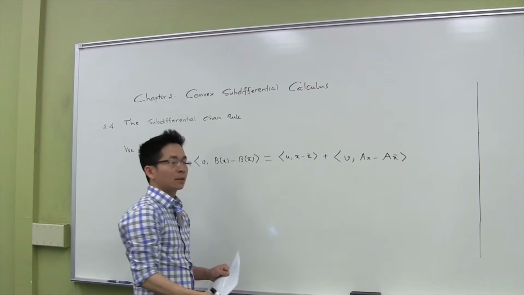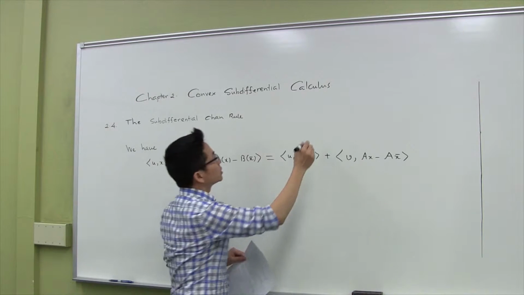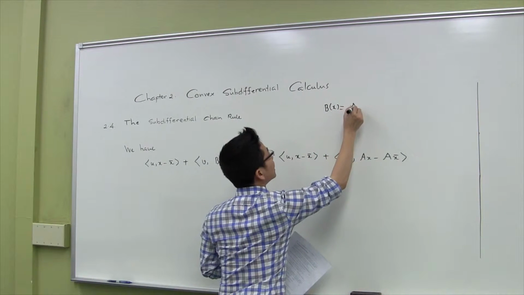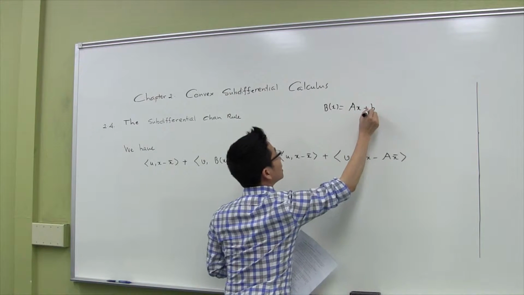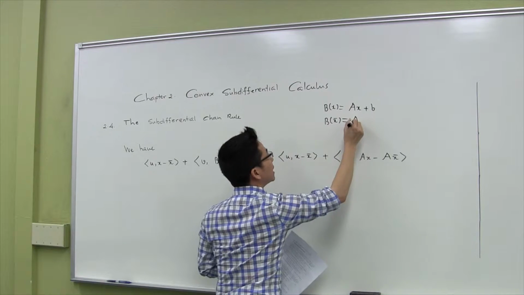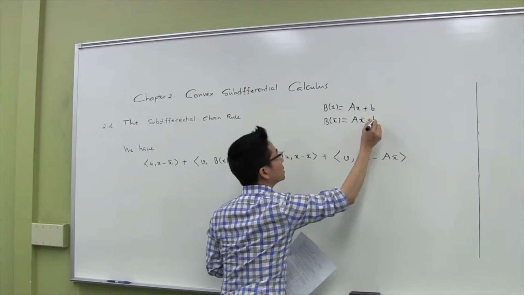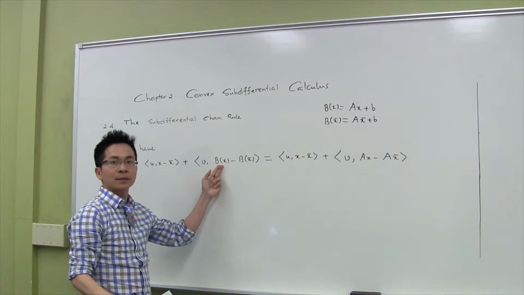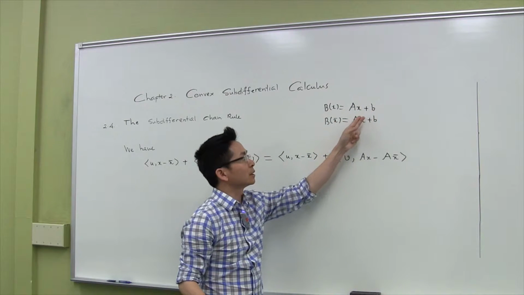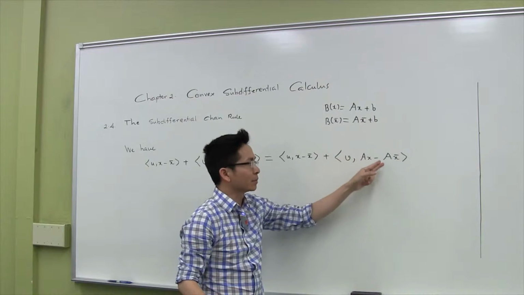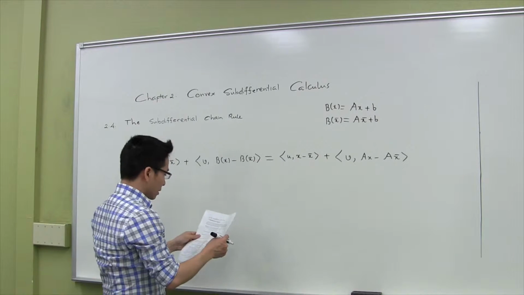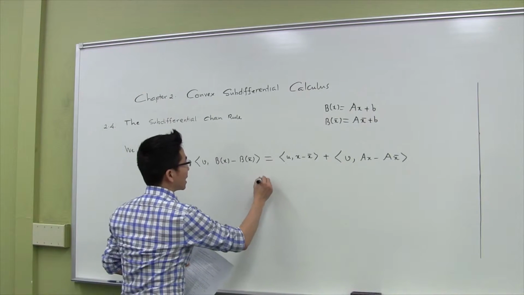Note that this is true because B of x is equal to Ax plus b and B x bar is equal to A x bar plus b. Therefore, Bx minus B x bar is equal to Ax plus b minus A x bar minus b, and we end up having this formula.